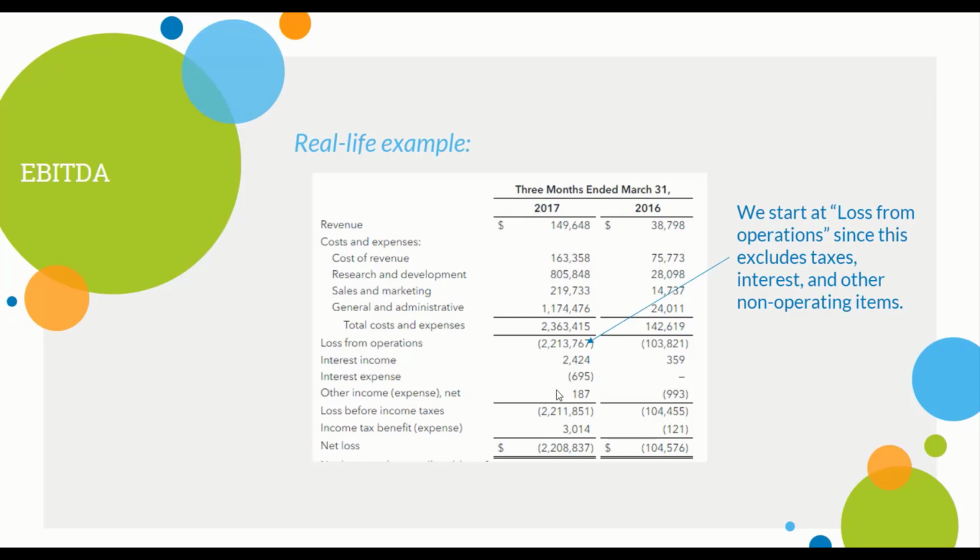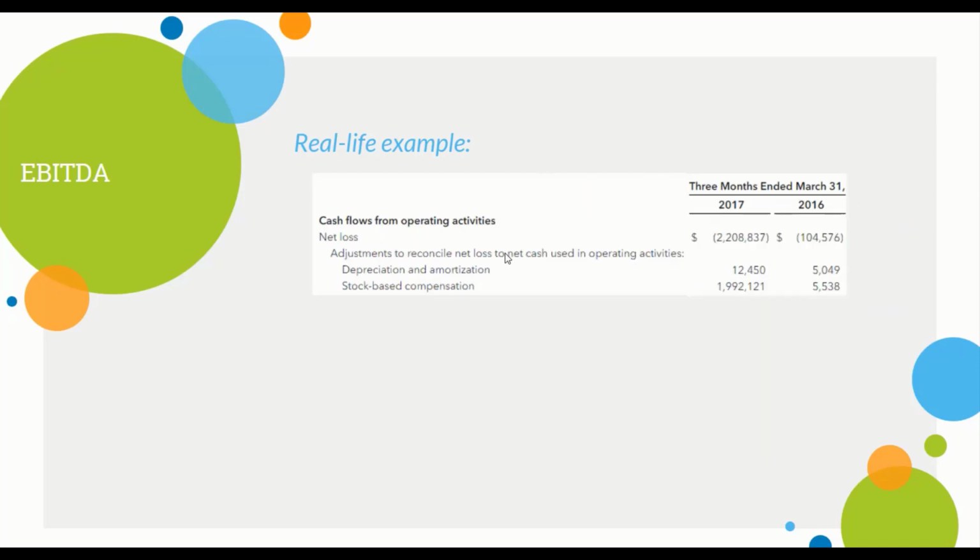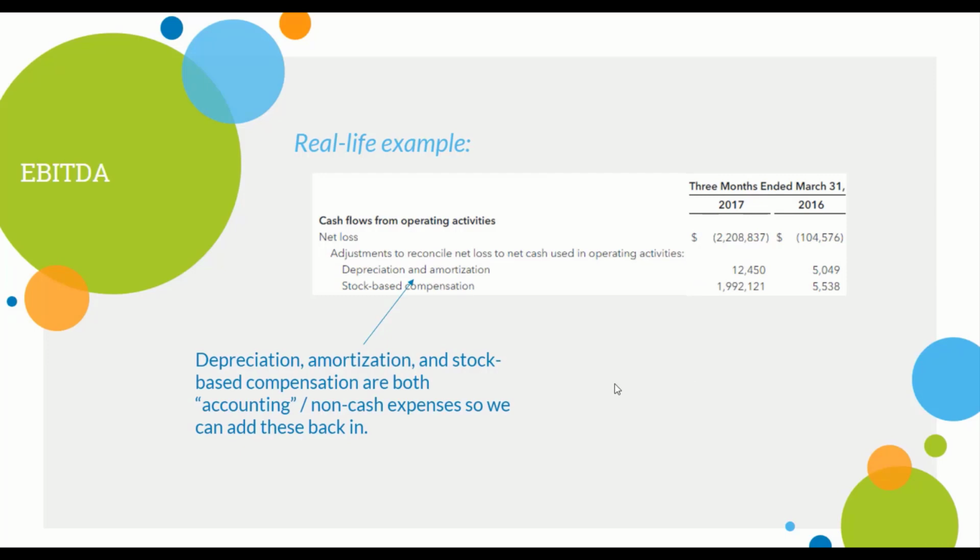So instead of starting from down here and having to add back all of these items up here, instead we are going to start from right here and then just go up. Next, we looked at the statement of cash flows and we realized that there were some really big non-cash items. There was $12.4 million of depreciation and amortization and $1.9 billion of stock-based compensation. So we need to add these items back in.